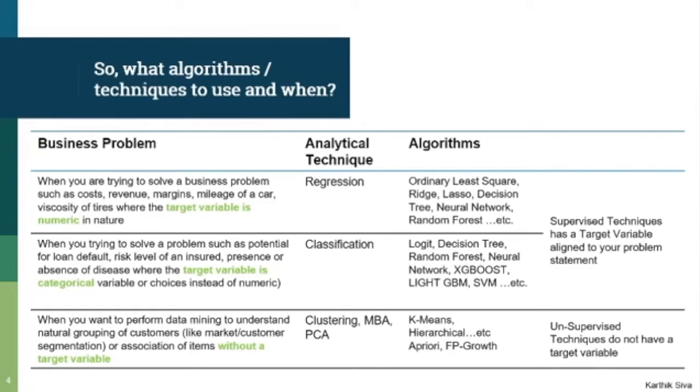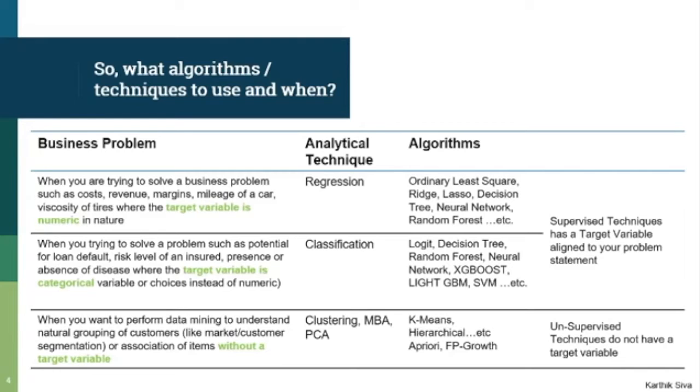One commonality for all of these problem statements is that the problem statement, which usually starts with a target variable of interest, is numeric in nature. For instance, mileage could be a number from 10.x miles per gallon to maybe 40 miles per gallon or even more.